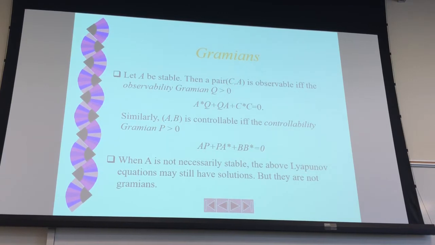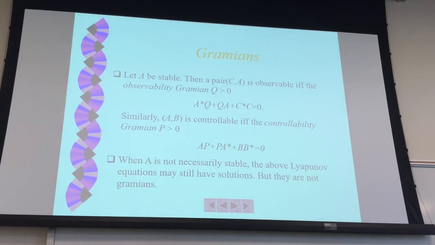So you have an LTI system, the pair (C, A), with x dot equals Ax plus Bu, and y equals Cx. If (C, A) is observable, how can you check observability? You have the rank condition you did before. Now, if my observability Gramian Q is positive definite, then A transpose Q plus QA plus C transpose C equals zero.